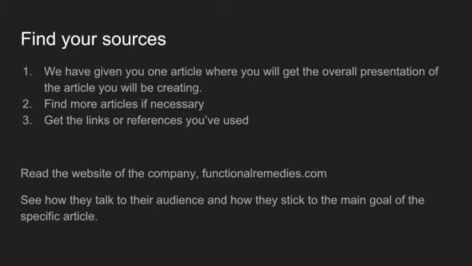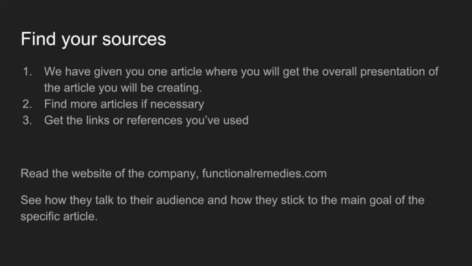All right? But it depends on you how you want to outline your article, which I will discuss with you later on. In step 2 of finding your resources, you should find more articles if necessary, especially if you are creating content of more than 3,000 words.